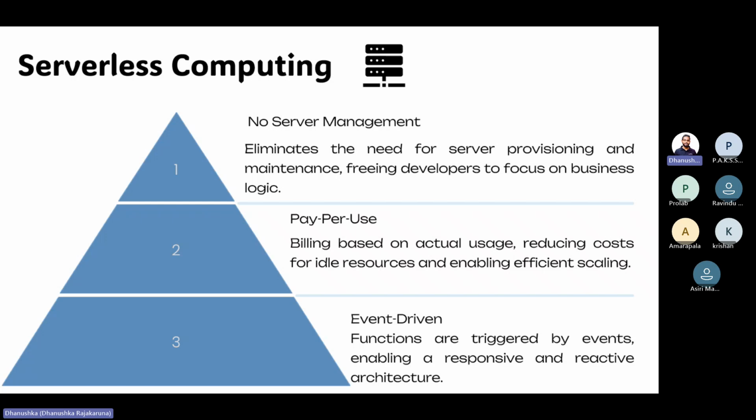How does serverless computing work? For code development, developers write functions and deploy them to a cloud provider's serverless platform. With event triggers, functions are executed when a specific event occurs, such as an HTTP request, a message in a queue, or a database update. Automatic scaling means the platform dynamically scales resources based on demand, ensuring optimal performance.